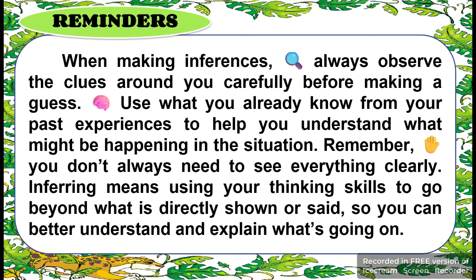Use what you already know from your past experience to help you understand what might be happening in the situation. Remember, you don't always need to see everything clearly. Inferring means using your thinking skills to go beyond what is directly shown or said so you can better understand and explain what's going on.